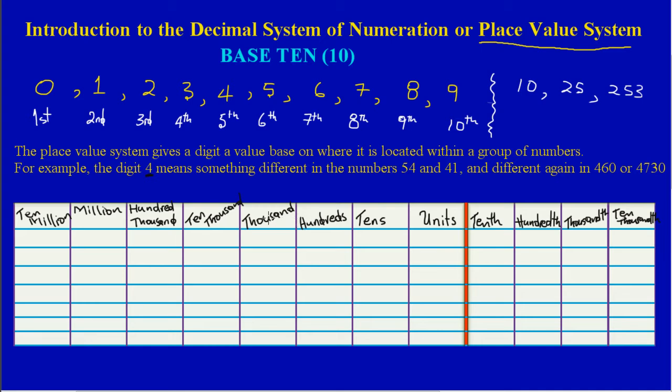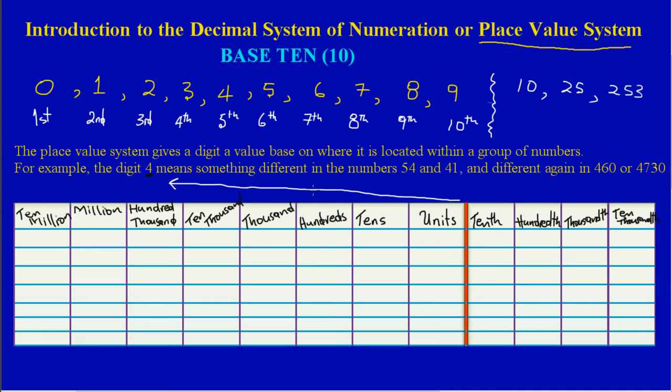So if you realize, as I move further to my left in the place value system, the number is getting larger and larger. As I move from the units, I am increasing in size. I'm going up and up and up.